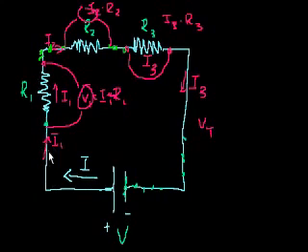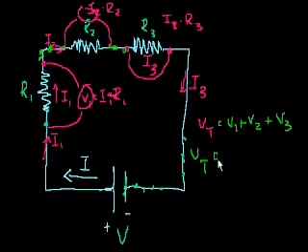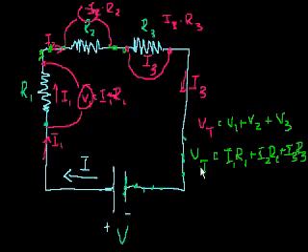And now let's go back to the convention, and let's say the current is going in that direction. The total voltage drop is equal to V1 plus V2 plus V3. So the total voltage drop is equal to I1 R1 plus I2 R2 plus I3 R3. And what's the total voltage drop? Well, that's equal to the total current through the whole system, I total, or we just call it I, times the total resistance, right?